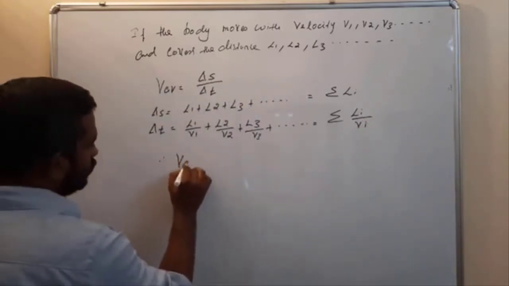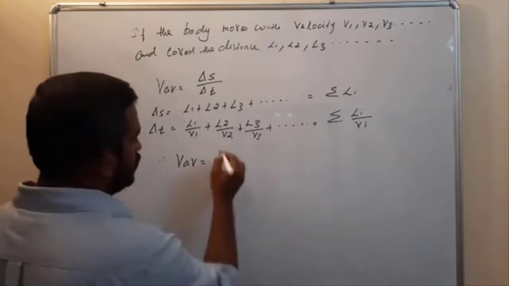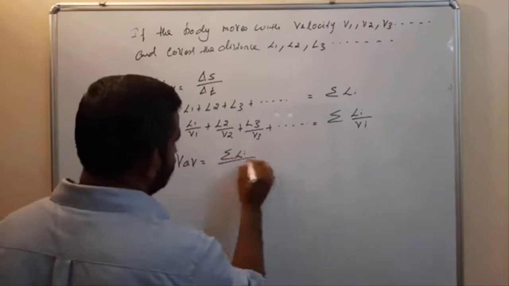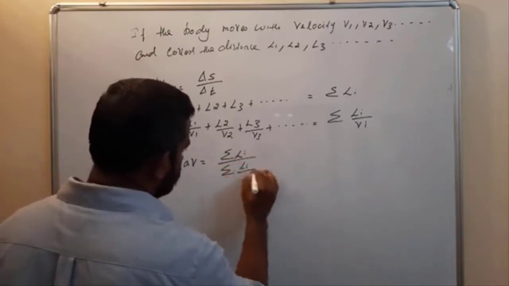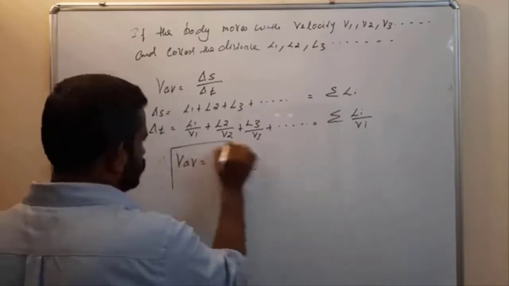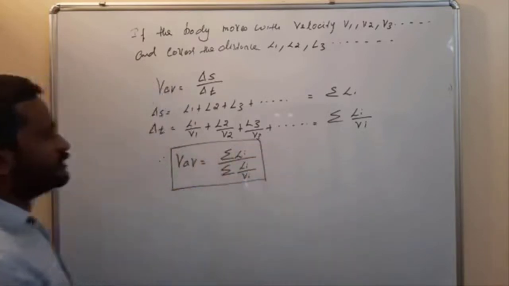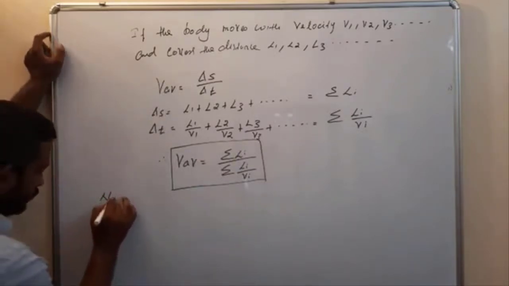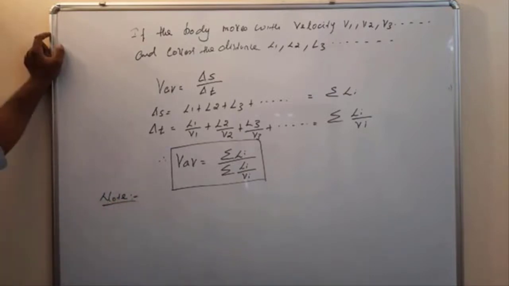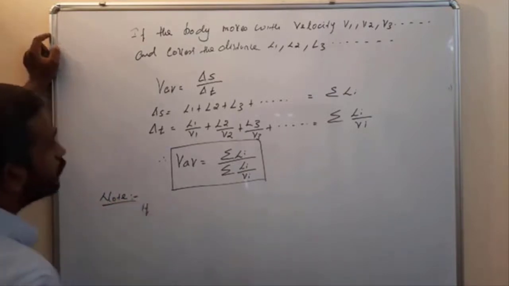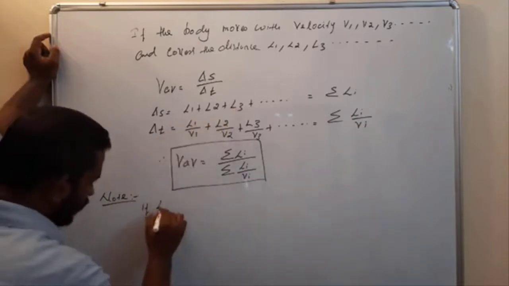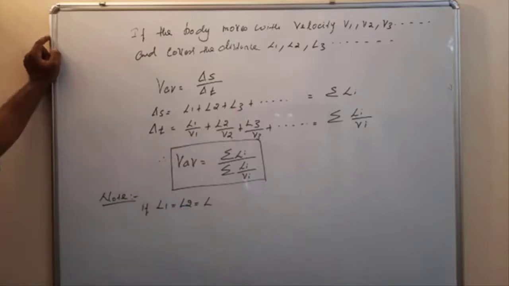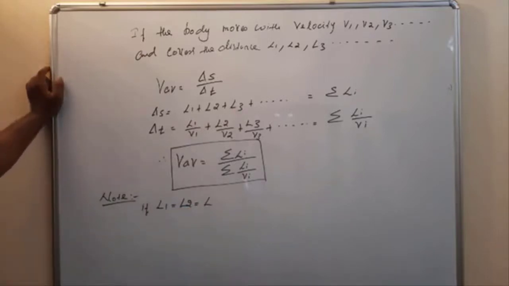Therefore VAV is equal to delta S, that is the summation of Li, divided by the summation of Li by Vi. So this is the average velocity. Note, if the distance traveled by the body L1 is equal to L2 is equal to L.